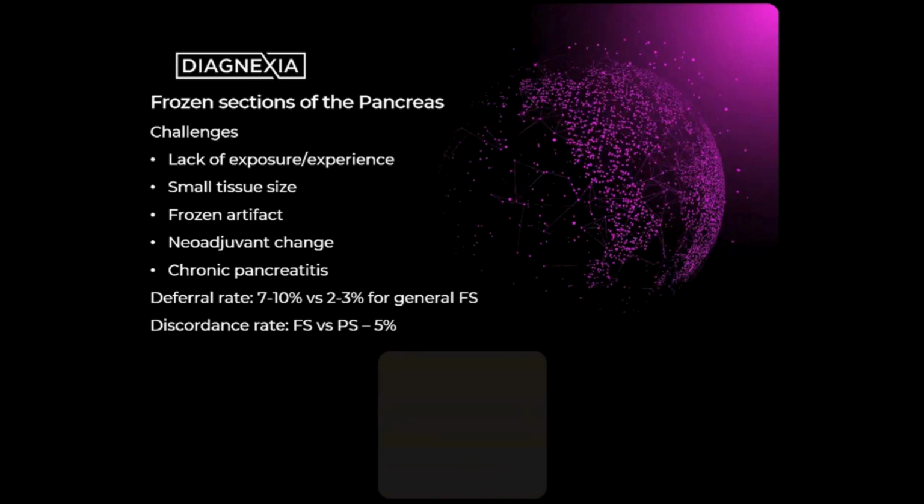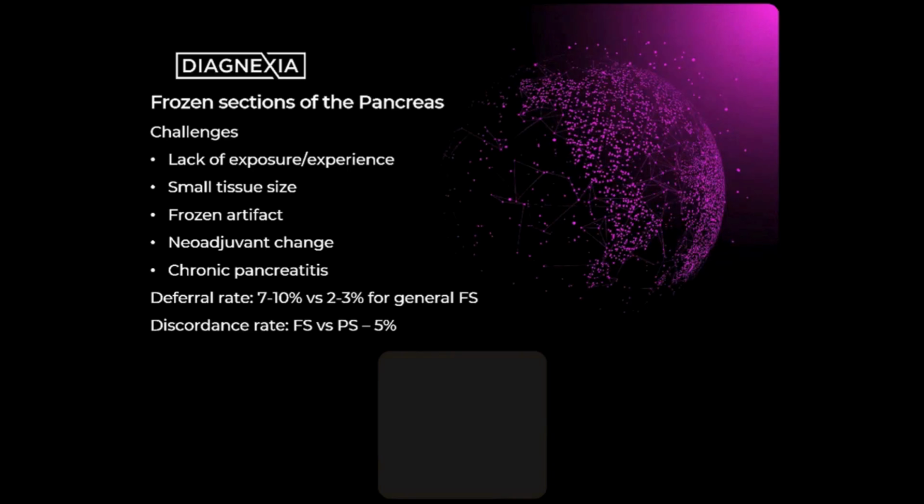Now, just some important facts to contextualize how different frozen sections of the pancreas are as compared to any other frozen section from another system: more pancreatic frozen sections are deferred to paraffin-embedded tissue than in the general milieu, where only 2 to 3% are.